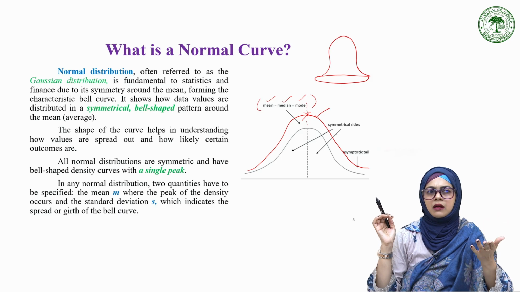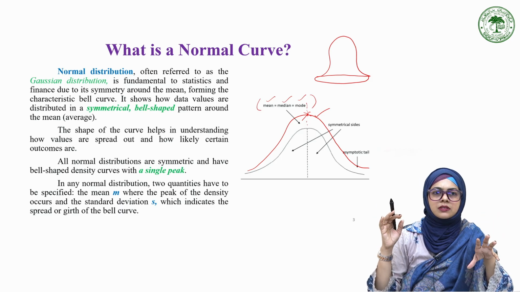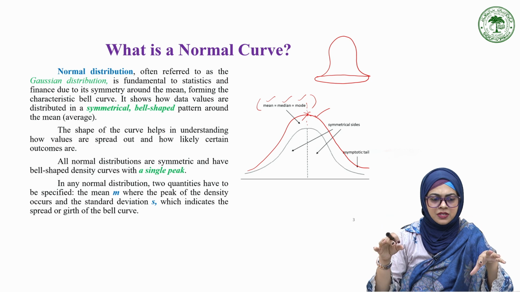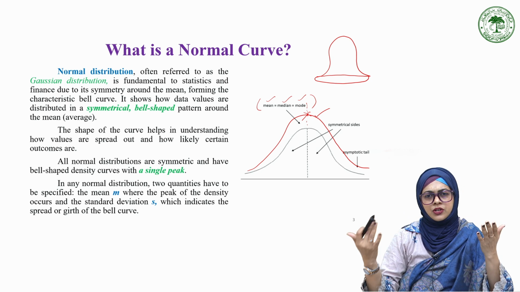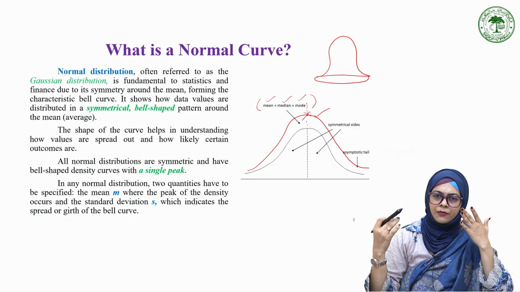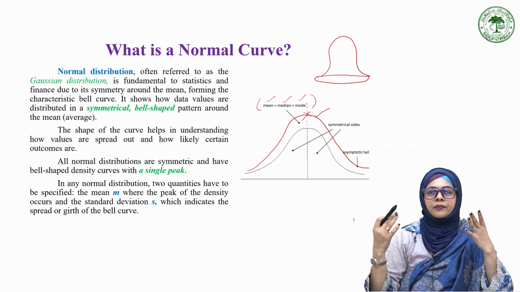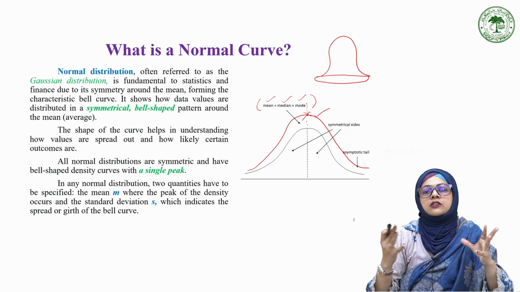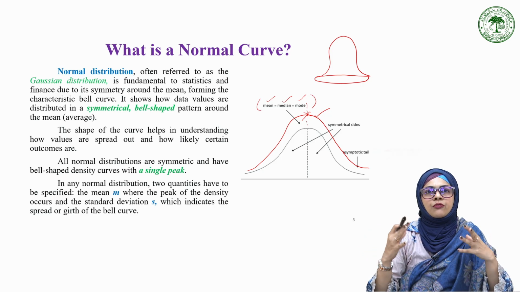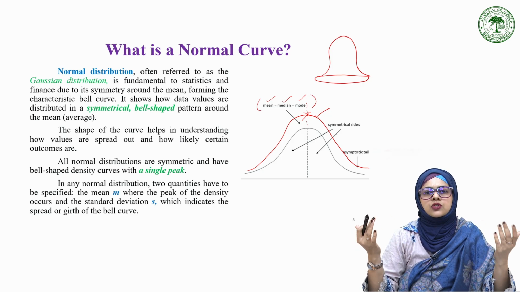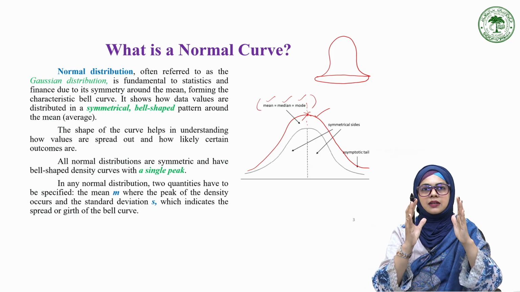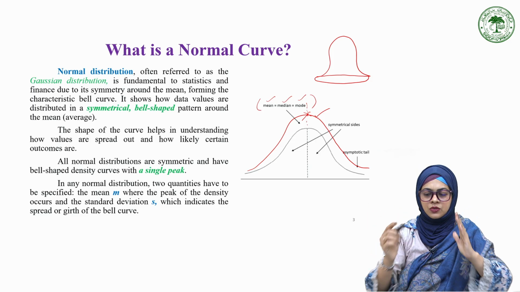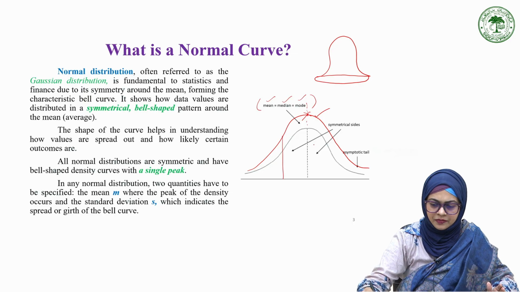Like I was saying, this is fundamental to statistics and often used in financial aspects as well. For example, in a stock market there are a lot of risk patterns, but the average performance will always reside at a certain area, somewhere here.